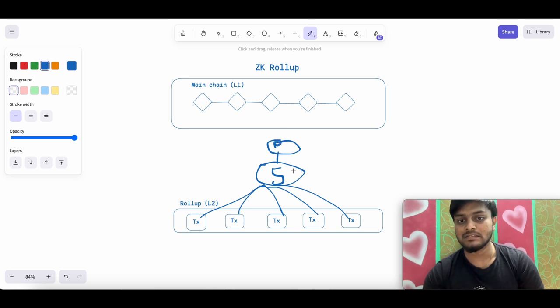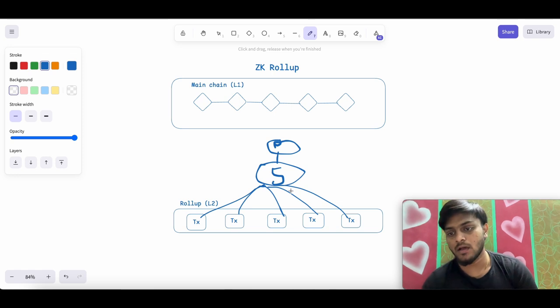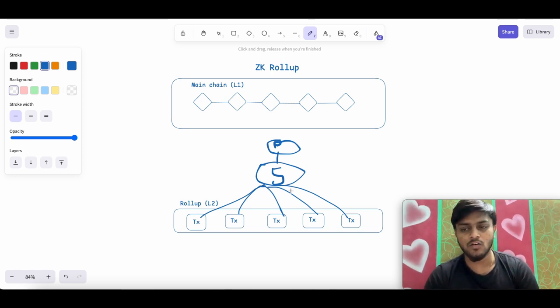In ZK rollup, ZK means zero knowledge, right? If you don't know what zero knowledge is, there are many other videos out there on Google. If I get time, I will explain zero knowledge in an upcoming video. This is just a mathematical proof of the validity of these transactions.